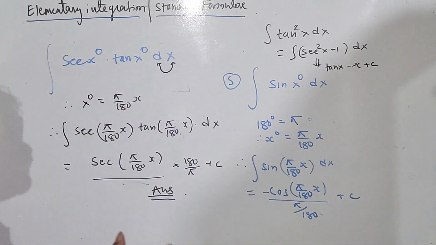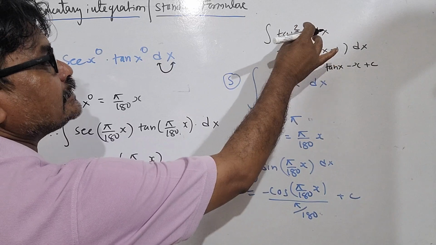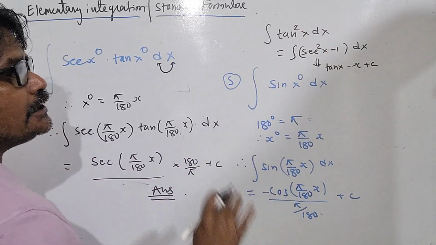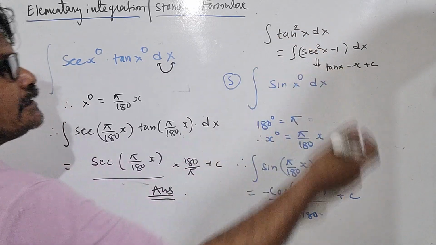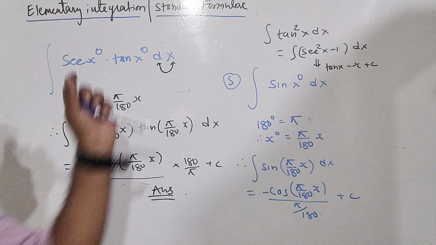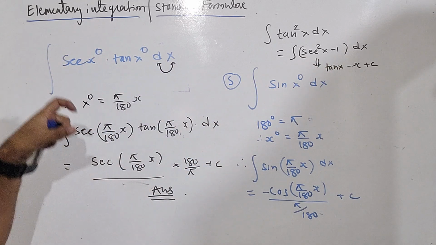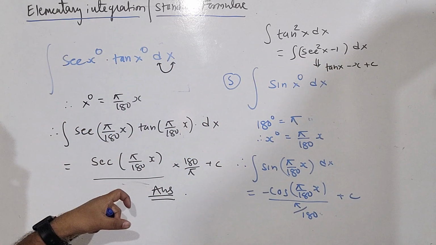So this is the way I have transformed the integration of tan square x dx into the integration of sec square x minus 1. So on the basis of your knowledge, what you have learned so far, you have to apply that to find out the integration of other functions. We have gone through the 13 standard formulas.